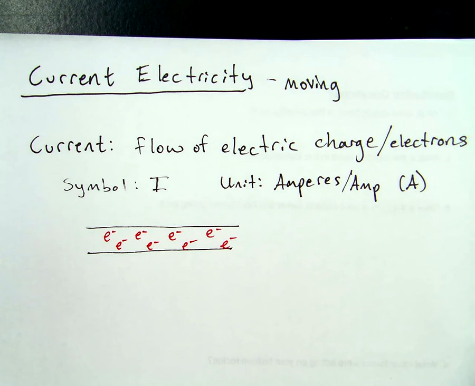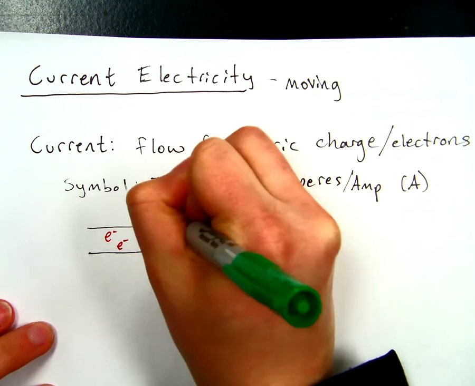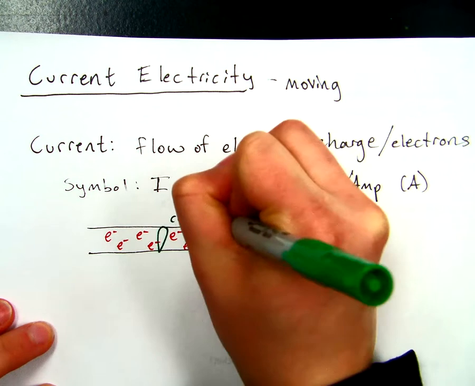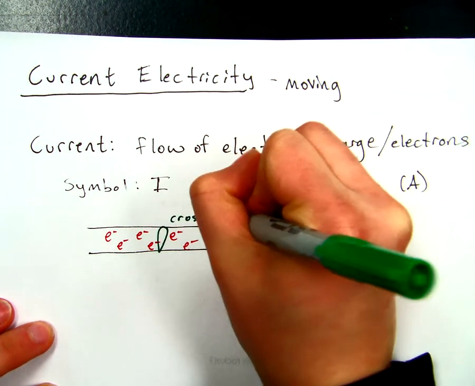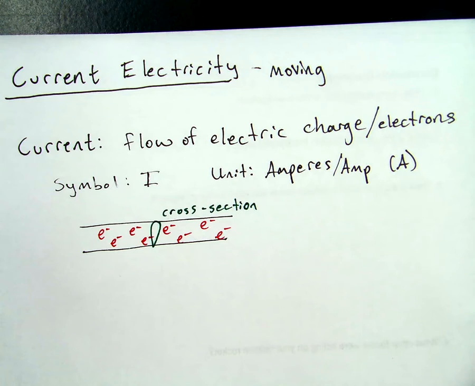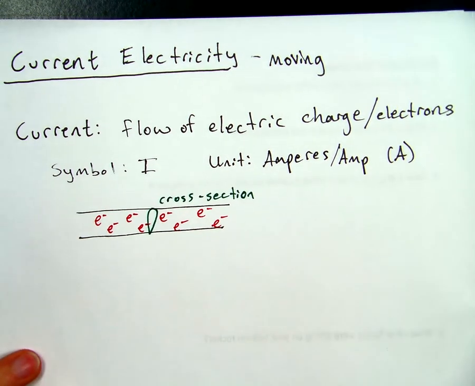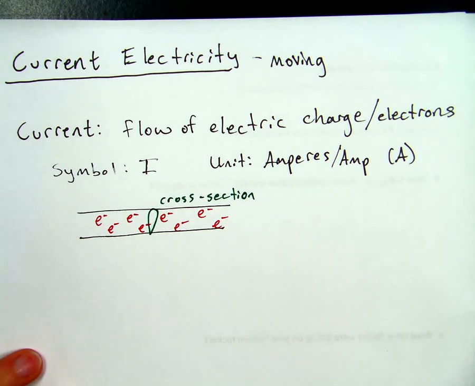We're going to take what's called a cross-section. Now a cross-section is if we took a piece of wire and cut it at any point and then turned to face the cut end towards us, it would look like a circle. That's just a cross-section. We look at how much charge passes through this cross-section every second, and that gives us our current. There is a little bit of math that we can do with this.